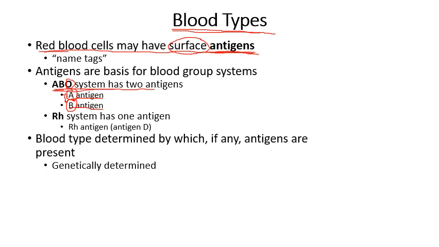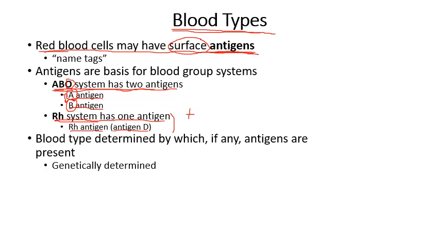There is one other. If you have gotten your blood typed, you might hear negative or positive. Negative and positive have to do with the RH, rhesus antigen, found in the rhesus monkey, also known as antigen D. So if you hear antigen D, it's still the RH antigen. If you do have the RH antigen, you are positive.